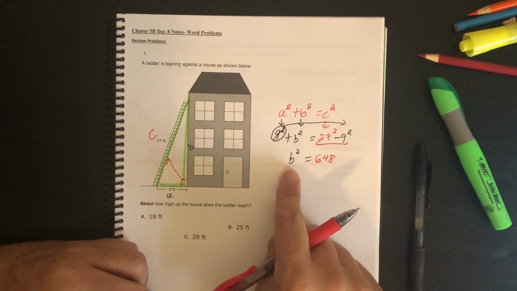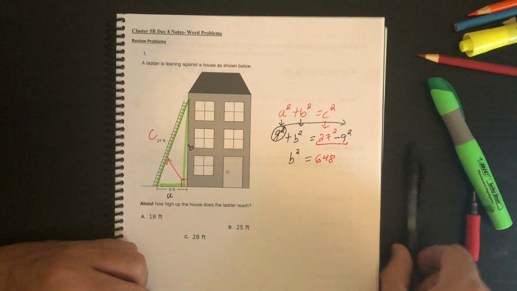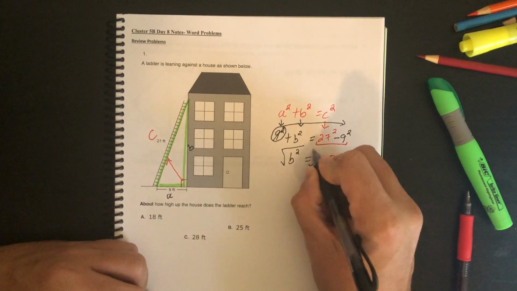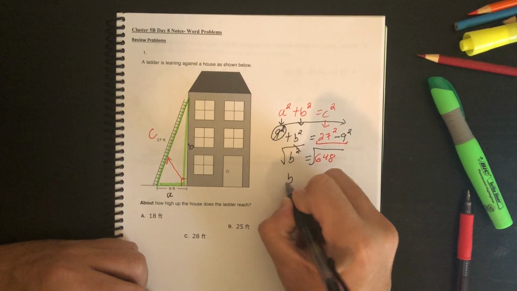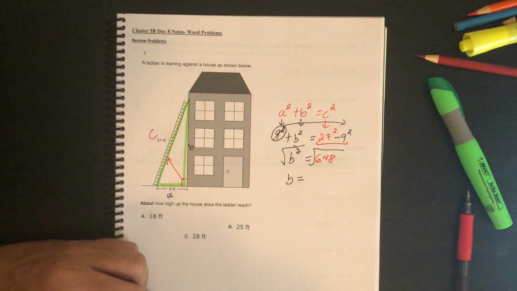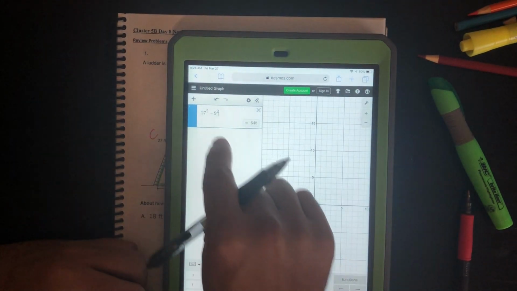Now I have to get rid of the square. So the opposite of a square is the square root. So I'm going to take the square root of both sides. These go away, and I'm left with B equals the square root of 648.